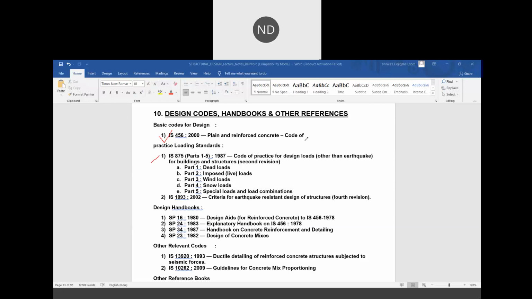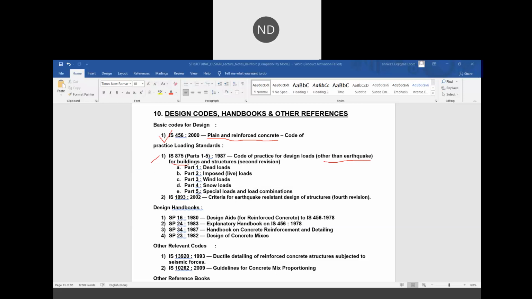The IS code for reinforced concrete, RCC, which you follow is IS 456 2000. But when you are dealing with earthquake building designs, we use IS 875 1987 part 1 to 5.